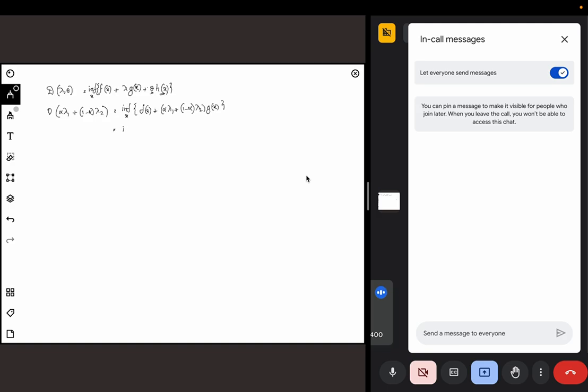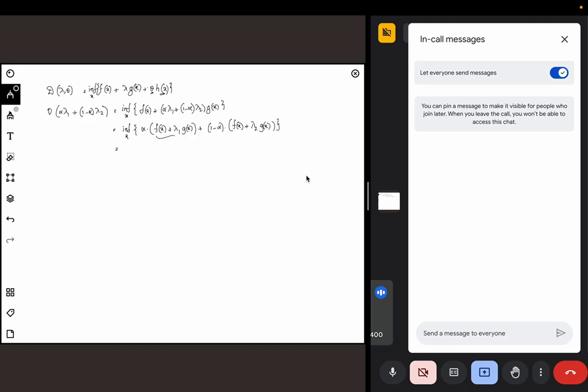This will essentially give me infimum over x. You just take the terms for lambda 1. So if I take alpha times f of x plus lambda 1 g of x and 1 minus alpha times f of x plus lambda 2 g of x.